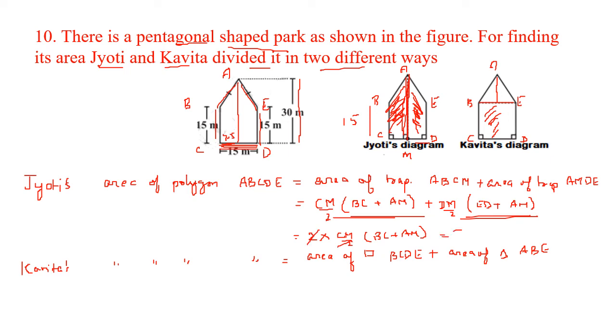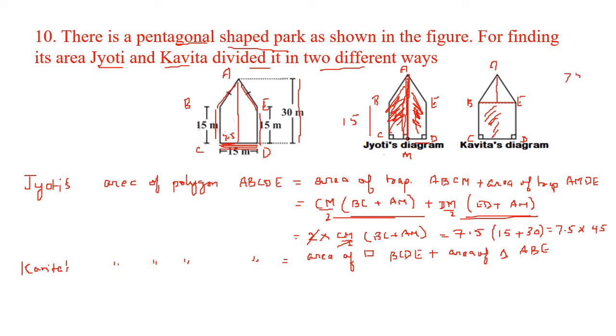What is CM? CM is 7.5. Right? Then we have got BC as 15 and AM as 30. So we should get the answer 7.5 into 30 plus 15 is 45.